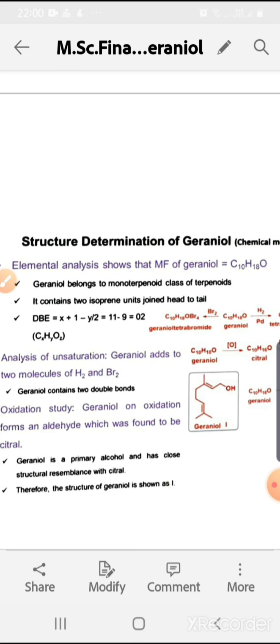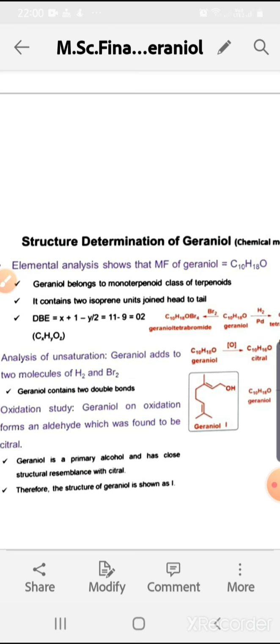Using the formula, double bond equivalence equals x plus 1 minus y upon 2, where the compound is CxHyOz. Here the value of C is 10 and Y is 18. When we calculate it, we get 2.